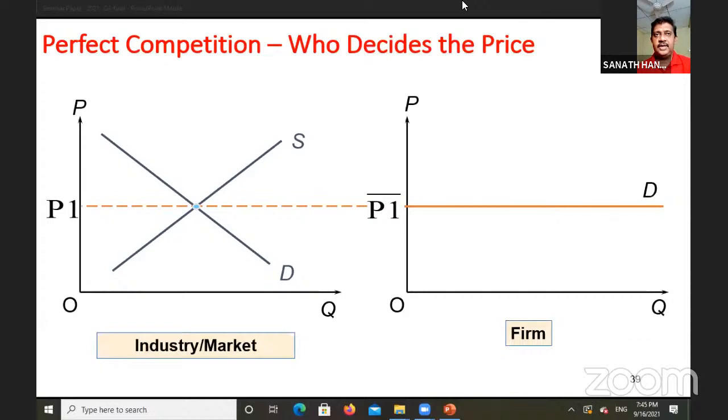Perfect knowledge means consumers know that the product is homogeneous, that there are a large number of sellers in the market, and that each and every seller supplies at the market price. The idea of perfect knowledge summarizes everything, so there is no need to state these separately.